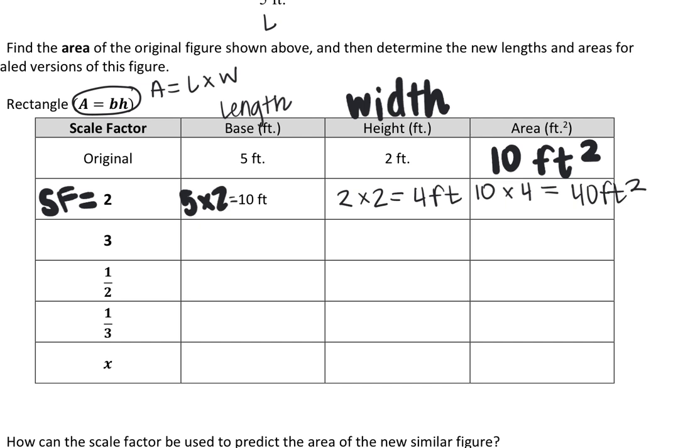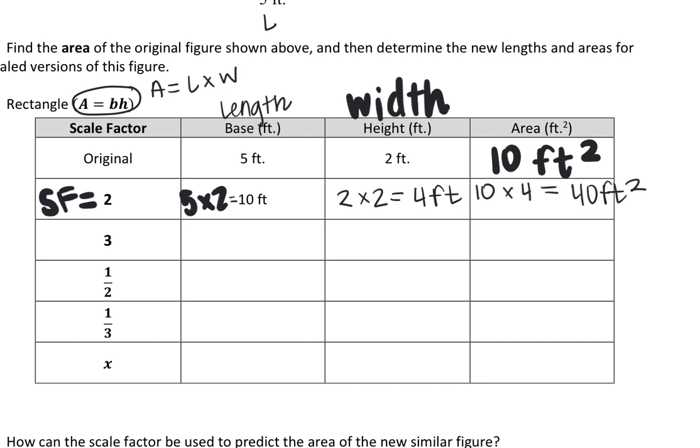Okay, so look at the pattern. You doubled the length and the width, and your area resulted to be quadrupled from what the original area was. Okay, so just kind of notice that pattern, that we doubled the sides in size, and the area actually quadrupled. It got 4 times bigger. Instead of doubling, it got 4 times bigger.